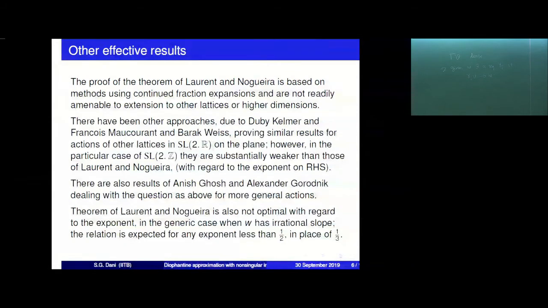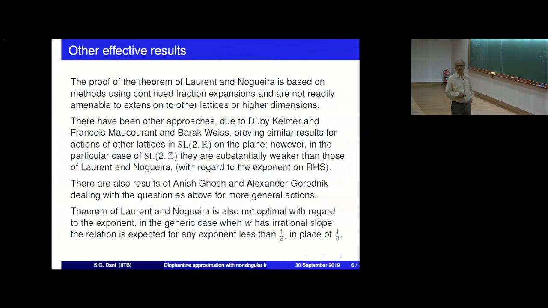So the theorem of Laurent and Nogueira, the setting being general, they are of course not optimal, and one would not expect them to be optimal given the general techniques. But even the results of Laurent and Nogueira are not optimal with regard to the exponent in the generic case of the rational slope.